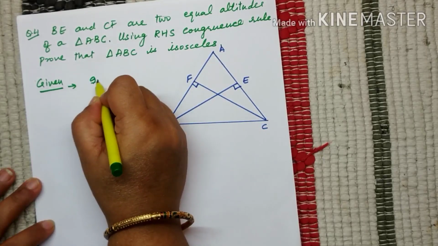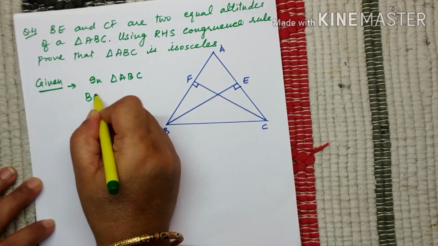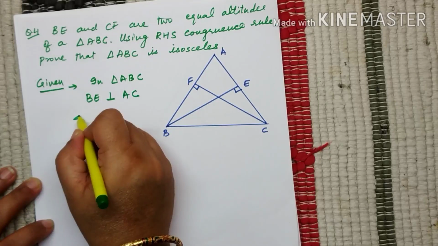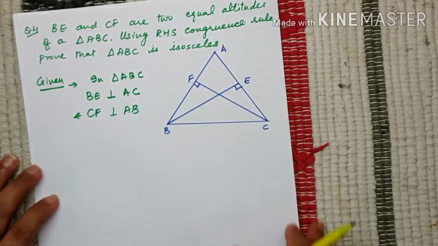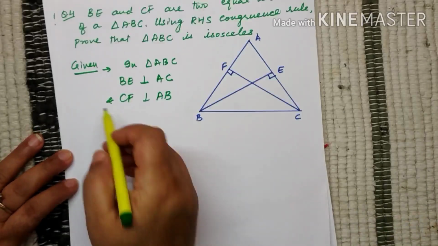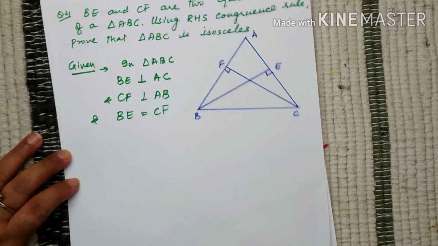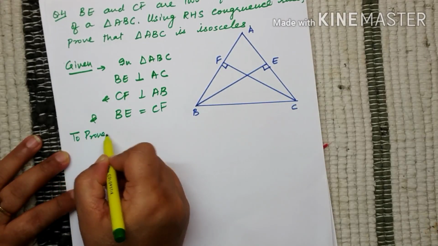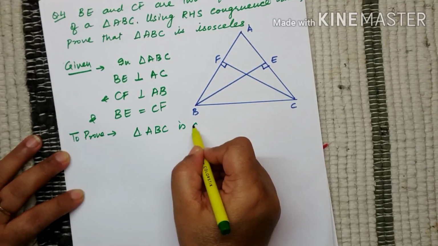In triangle ABC, given is BE is perpendicular to side AC and CF is perpendicular to side AB. Altitude means perpendicular, and BE is equal to CF. This is given in the question. What are we trying to prove in this question? We have to prove the triangle ABC is an isosceles triangle.